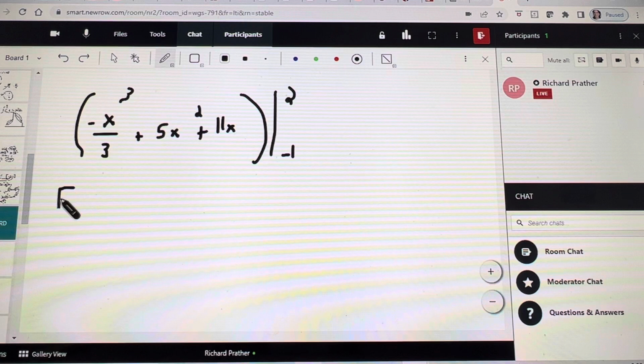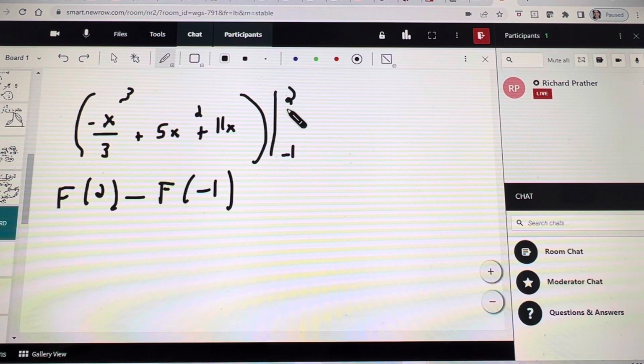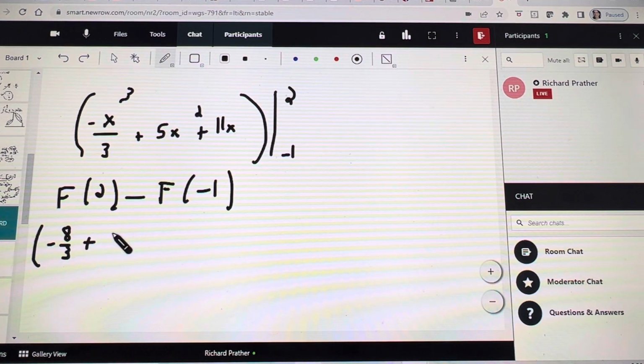So we need big F of 2 minus big F of -1. So you always do the larger value first. 2 first. 2 cubed is 8. So that'll just be -8 over 3. 2 squared is 4 times 5 is +20. 2 times 11 is +22.